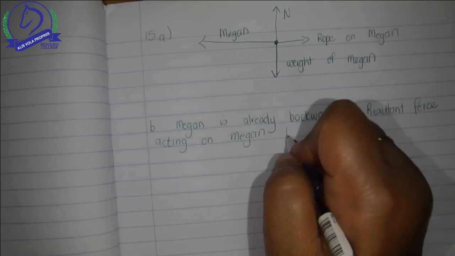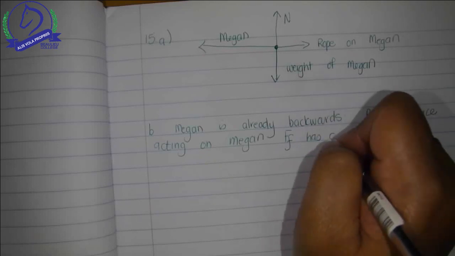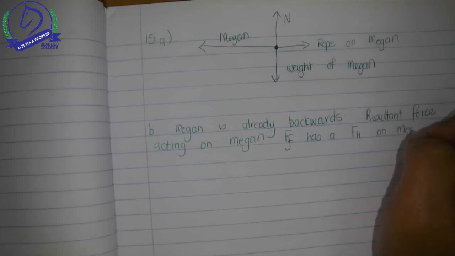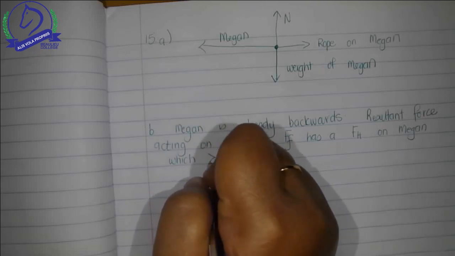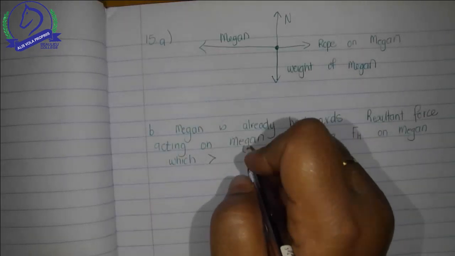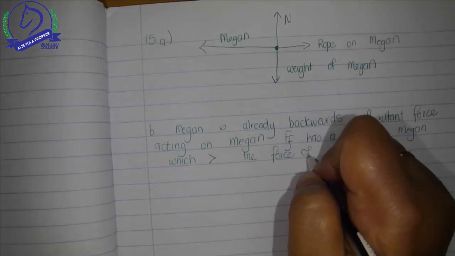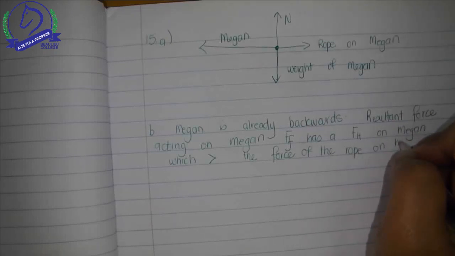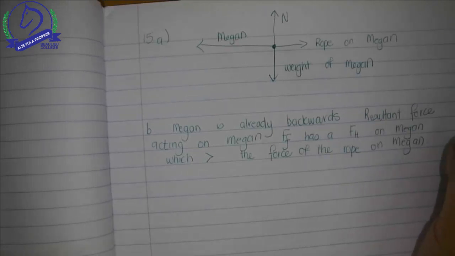So the frictional force, FF, has a horizontal component on Megan, which is greater than the force of the rope on Megan.